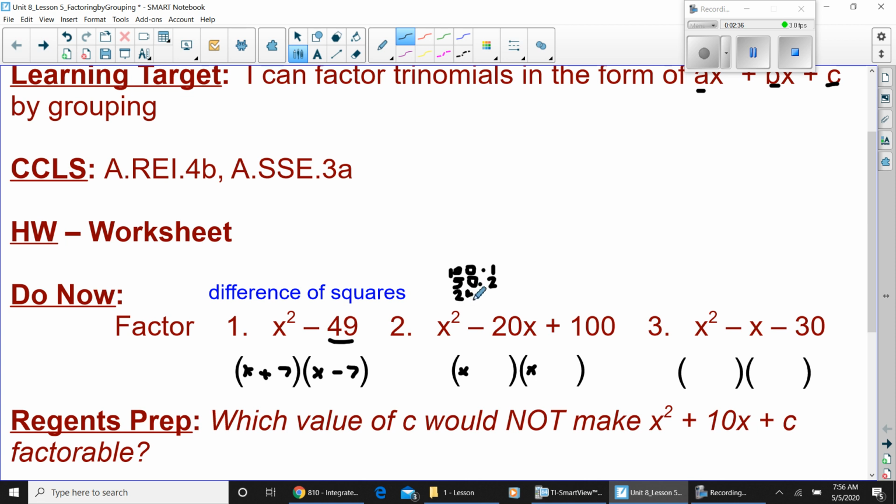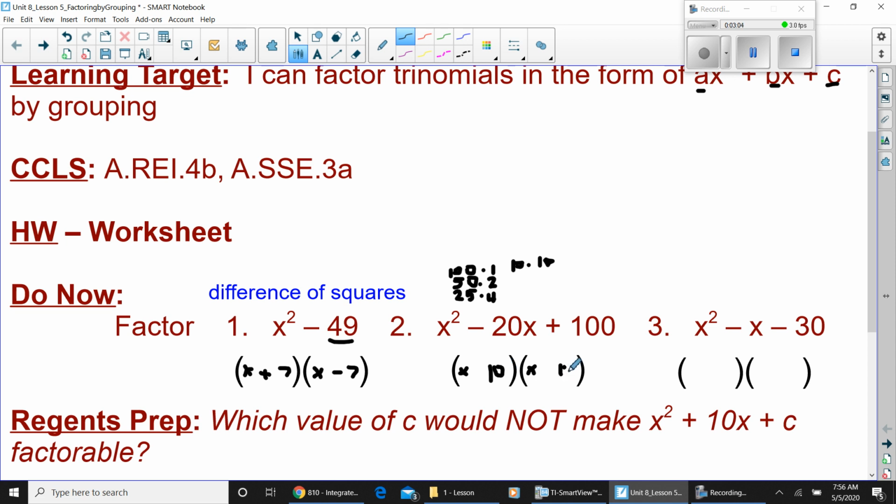25 times 4 can also not be used to make 20 if you add or subtract them. But what comes to mind is 10 times 10, and that can be used to make 20. So I am going to put 10 and 10 right here and right here.